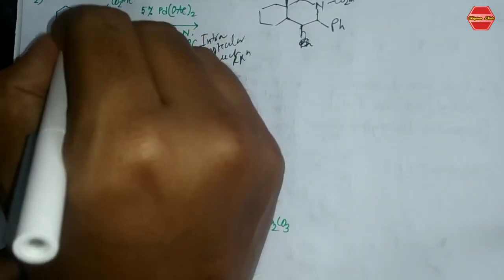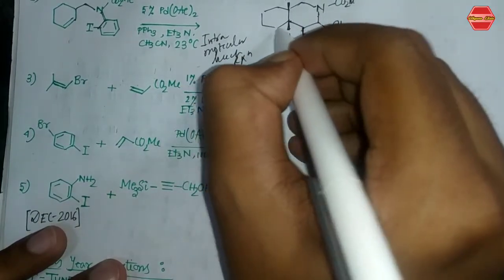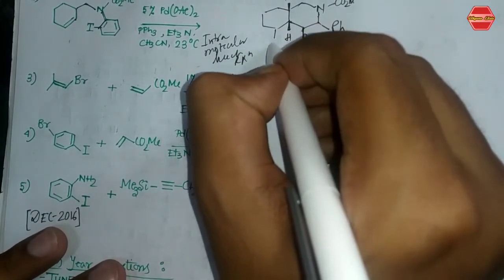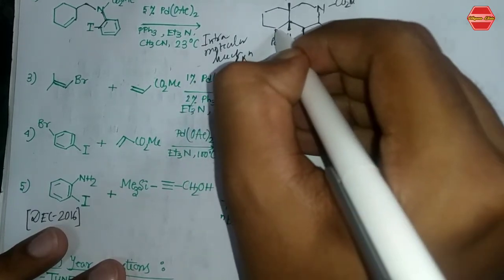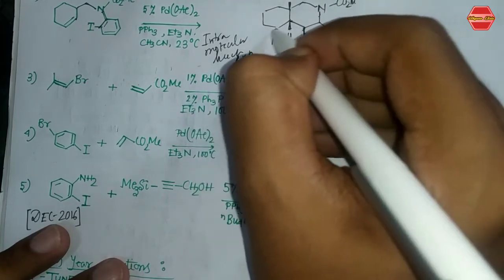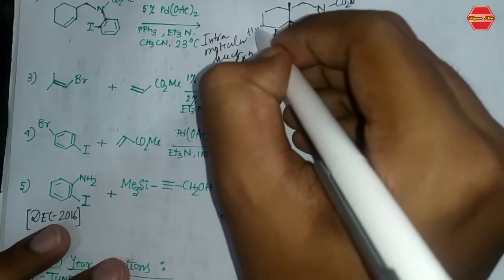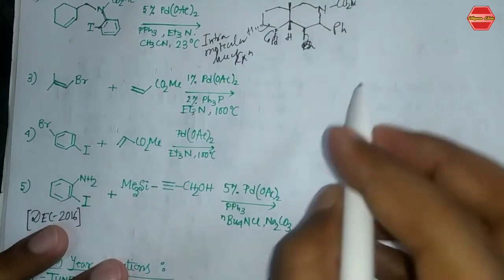You can see over here 1, 2, 3, 4, 5 and 6. You are getting this 6-membered ring over here. This is your hydrogen, and the palladium is present in this way. So this palladium is below the plane, and you have the hydrogen above the plane over here. So there is no syn elimination taking place. So that is why this hydrogen goes here, and this palladium will be removed from the system.